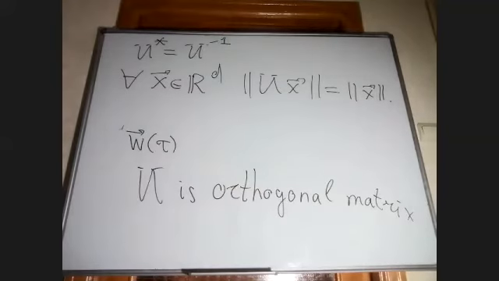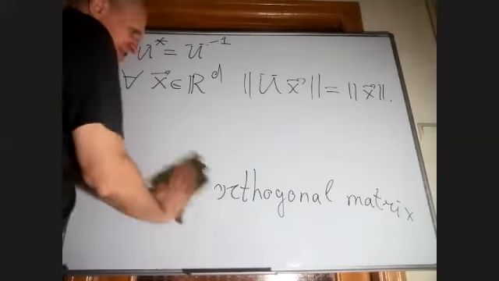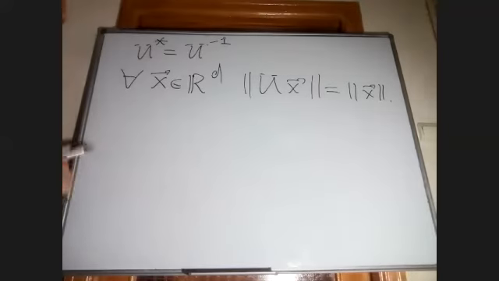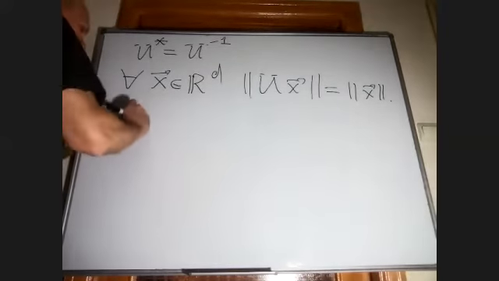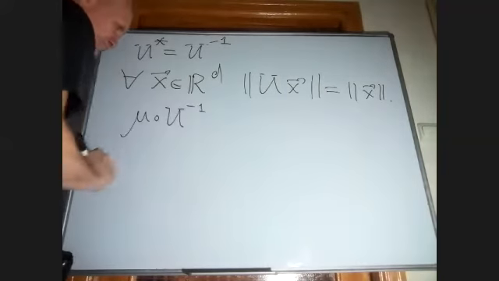So let us take such an orthogonal matrix. And now I will check the new measure, the new distribution, mu U minus 1.